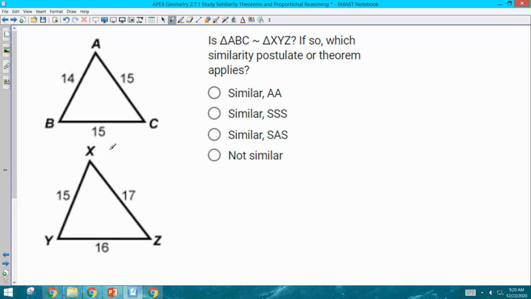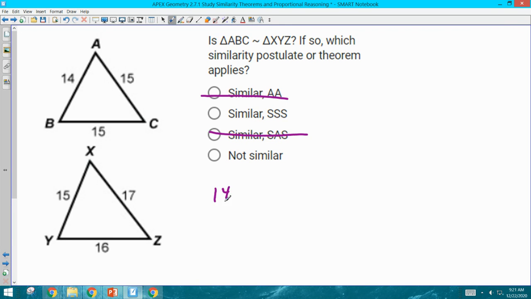Let's do another one. Again, we're seeing whether these two triangles are similar, and then why. I don't have two angles, so it can't be angle-angle. And there is not any angle, so it can't be side-angle-side. So it would have to be side-side-side if anything.